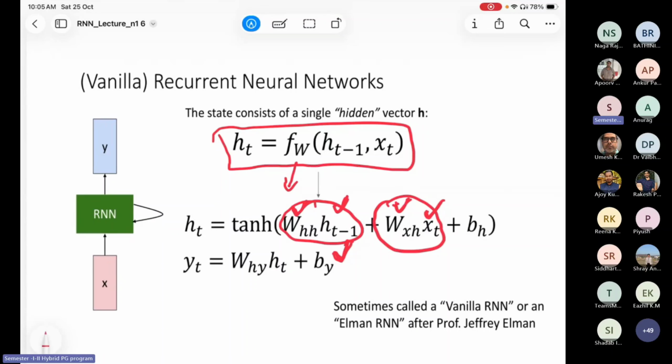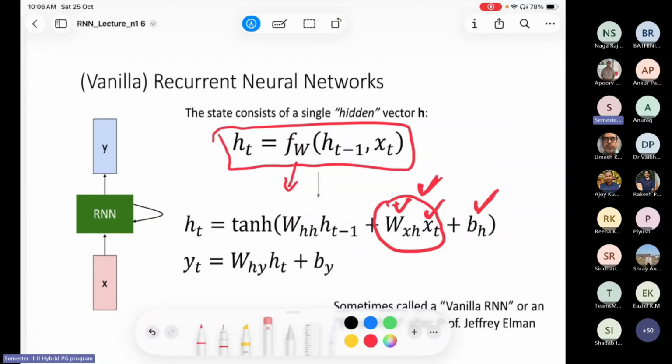So whatever information you got from HT minus 1, the previous state, you are not directly taking the information of that state. Instead, you are first multiplying that state with the fully connected layer. So first you do the refinement of the previous state, then the refinement of the current input, and then you add these two terms. You are also adding the bias, because whenever you have a fully connected layer, any type of layer, you will also have the bias.